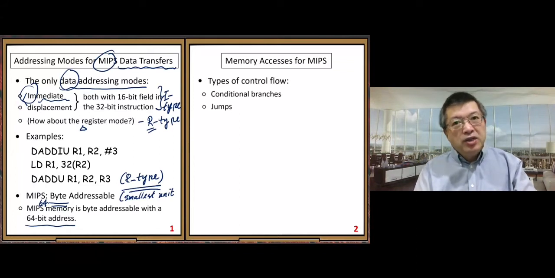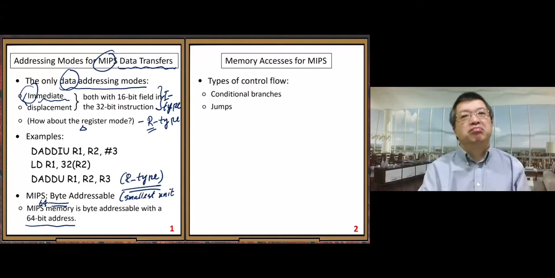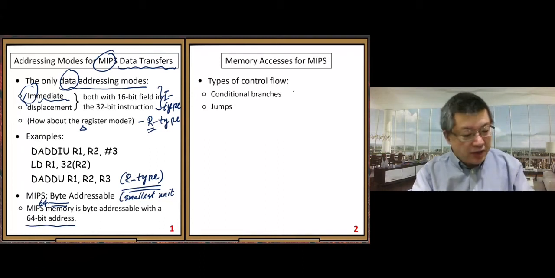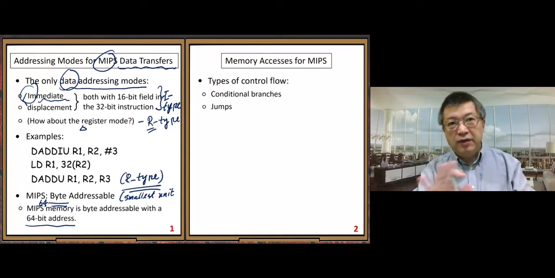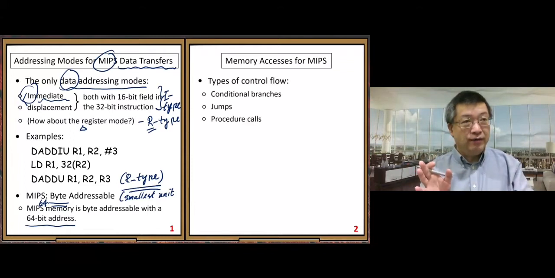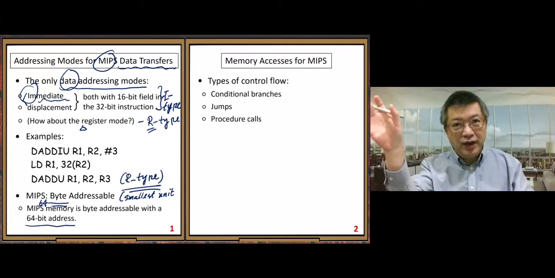For all these instructions, we need to specify some address information, which is why memory addresses matter. Next one, procedure call: you call a function or procedure.